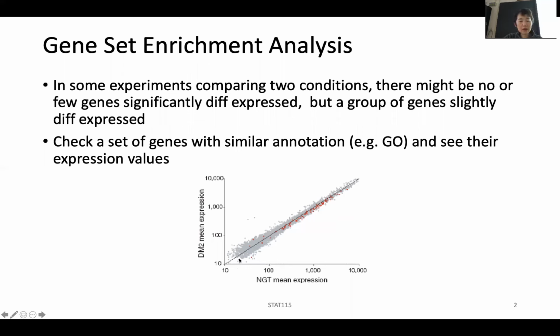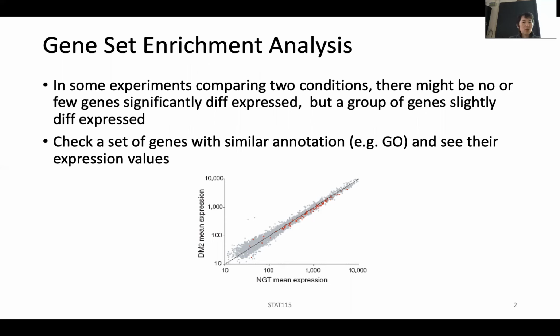If you look at all the differential expression, every dot here is one gene, and the X and Y axes are, say, the expression level of the two conditions. You might see there are not many genes differentially expressed. There might be two dots here, but they might even be the wrong answer.